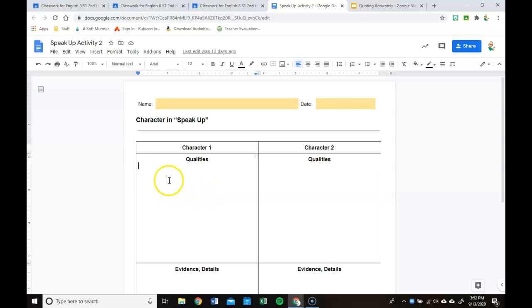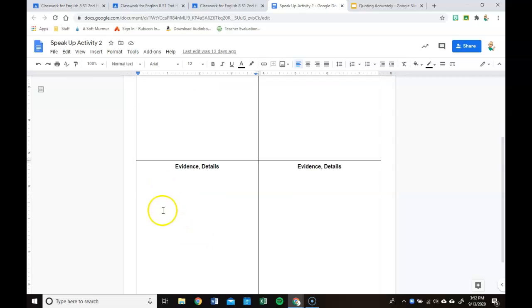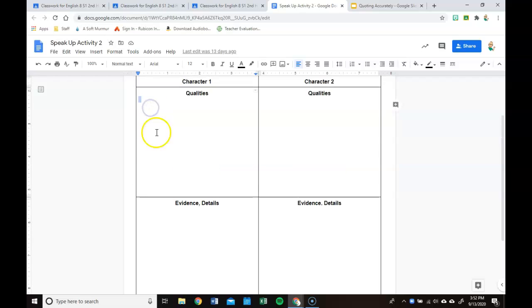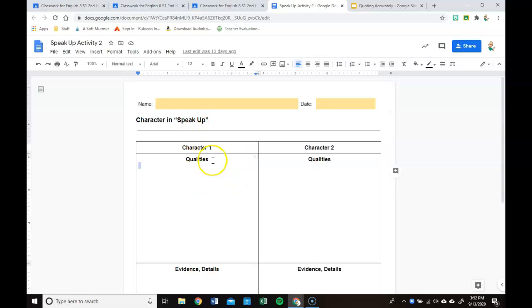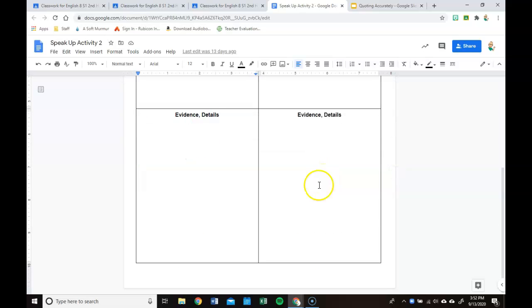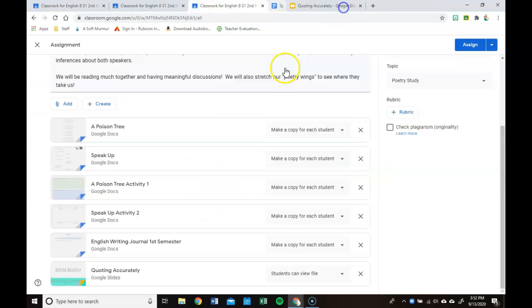So character one, what qualities does character one have? And you just list them here. And then in the poem, I want you to give me some evidence. What are some of the details that show that this character is what you say the character is? And the same with character two. So just like the poem is divided up into two sections, the activity is also divided up into two sections. And that's it. Okay, there's a whole lot of stuff. This looks like a lot, but it's not.